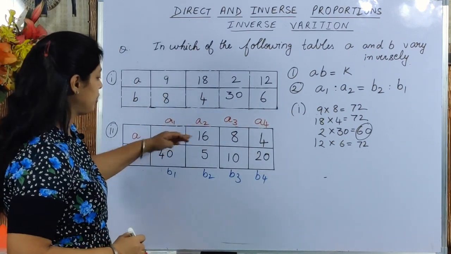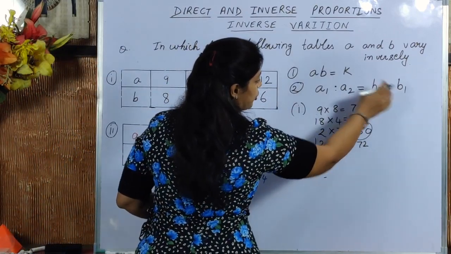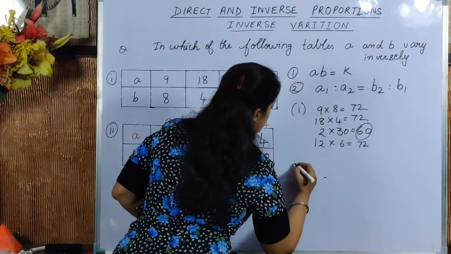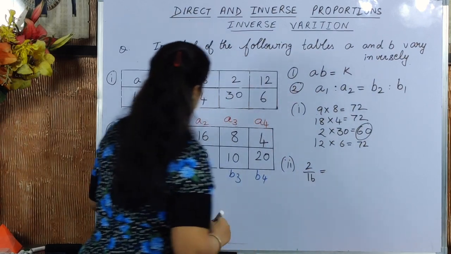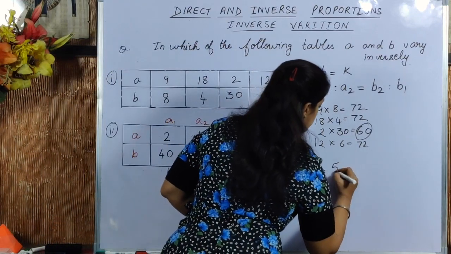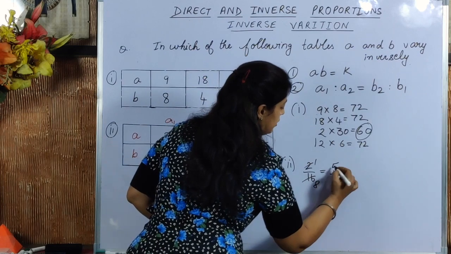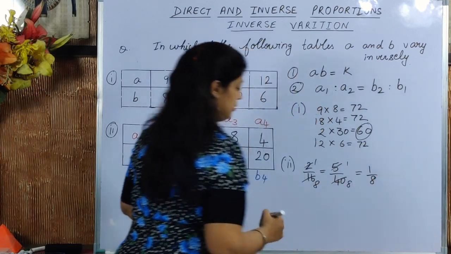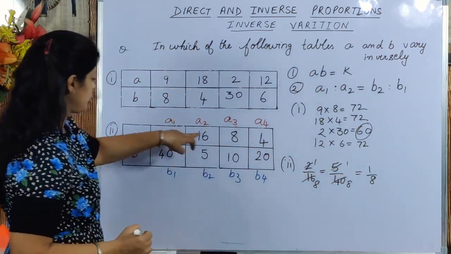So, in order to be in inverse variation, the ratio of A1 to A2 should be equal to B2 to B1. In the first case, A1 to A2 is 2 upon 16. This should be equal to B2 to B1, that is 5 upon 40. 2 ones are 2, 2 eights are 16; 5 ones are 5, 5 eights are 40. So I get 1 upon 8. Since the ratio is equal to 1 upon 8 in both cases, these two vary inversely.